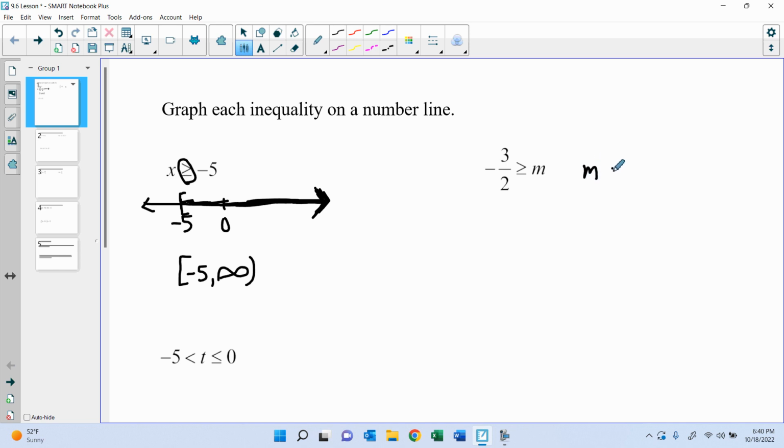The inequality also has to change directions, and then the -3/2 is now on the right instead of the left. Now, the thing to notice to realize why they're the same is you see that the pointed part here is towards the M, and over here also the pointed part is towards the M. So this one we would read -3/2 is greater than or equal to M.